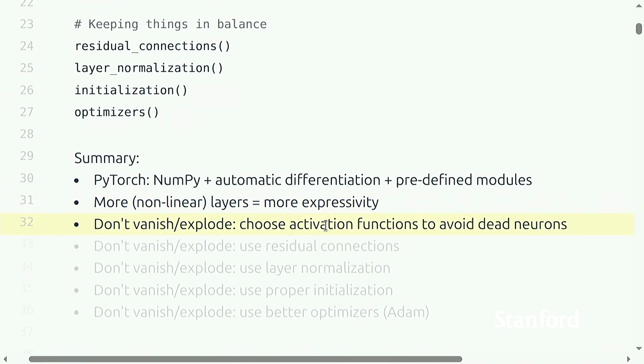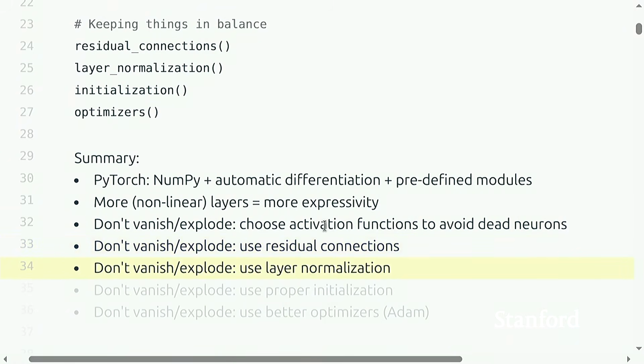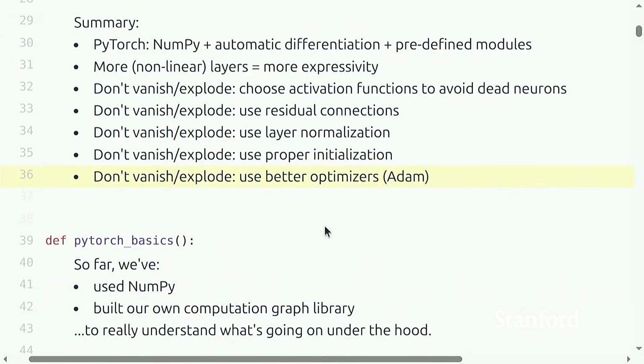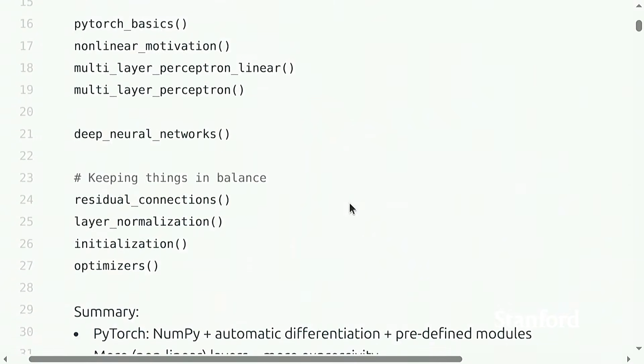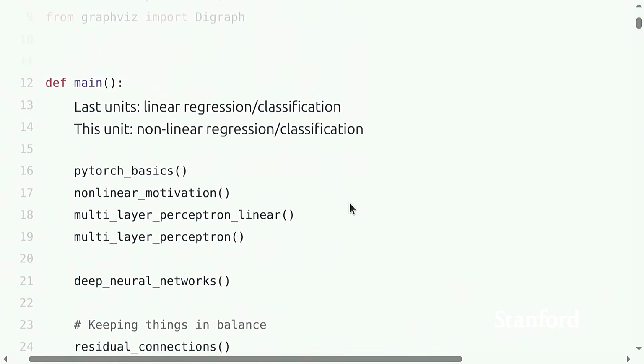So you choose activation functions to avoid dead neurons, use residual connections to avoid vanishing gradients, use layer norm to make sure your activations aren't blowing up, initialize properly to make sure your activations are not too large or too small out of the gate, and then you can also use better optimizers.